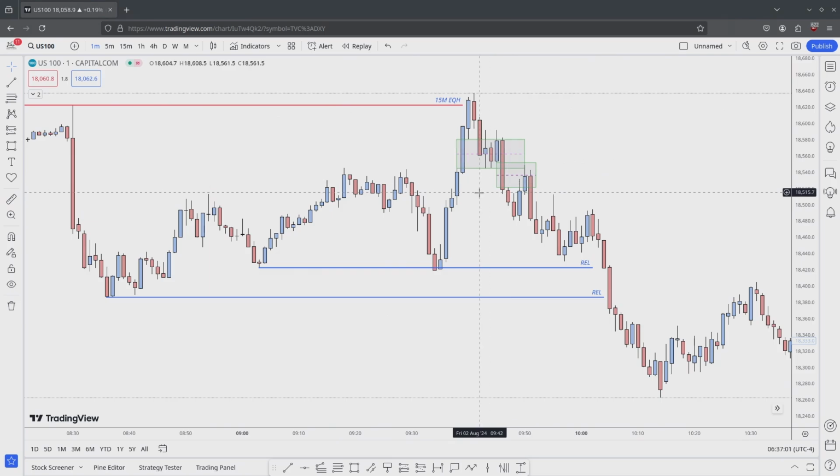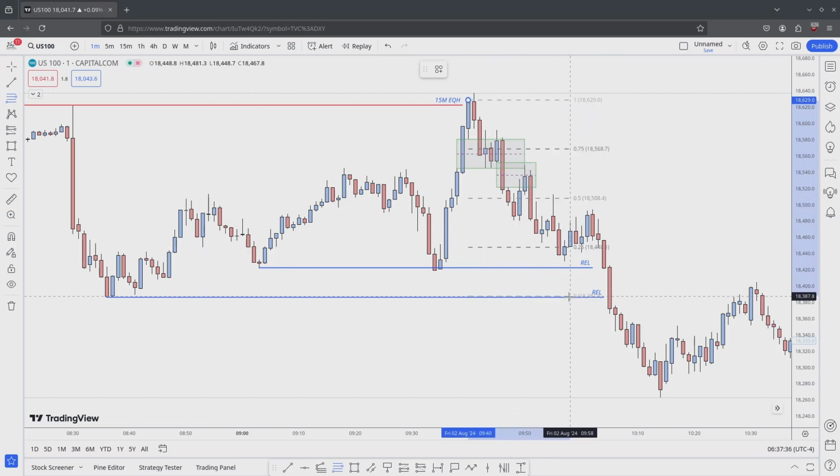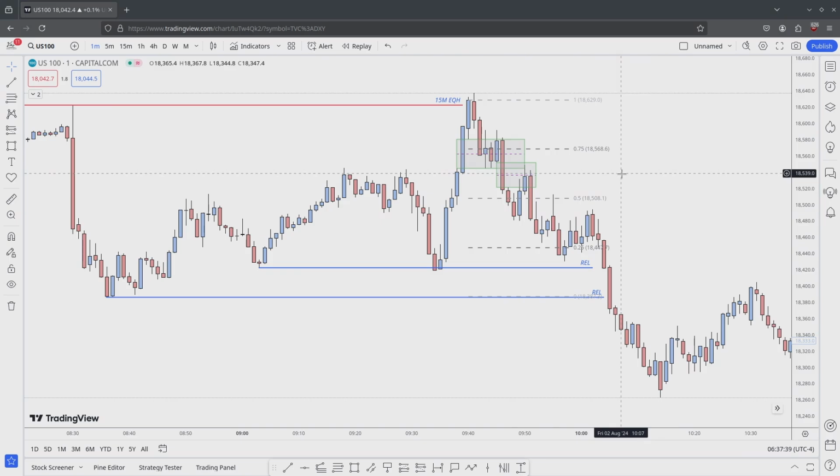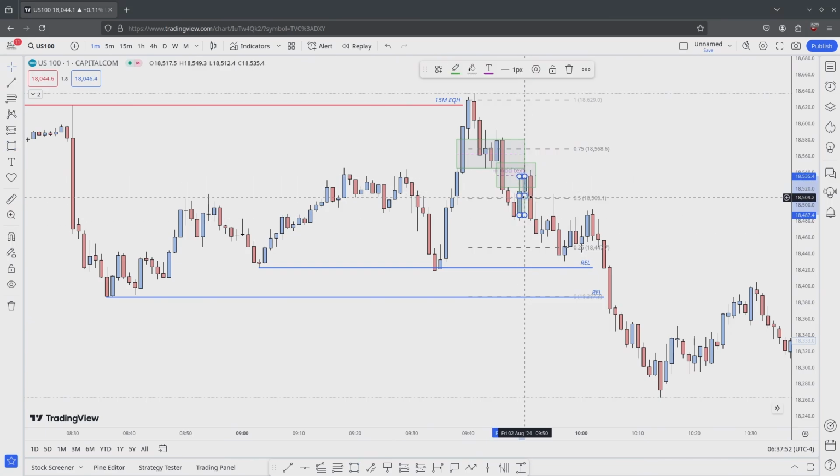So with that idea still in mind, we can then look for a potential entry to take another position. One more thing we could do here is take the fib, take it from the high, pull it to the target. You have your expected range here. And in this case, we would be looking at these two up close candles as the potential order block.